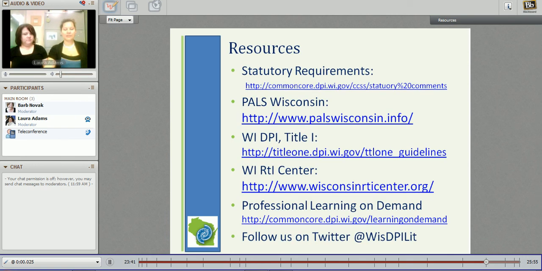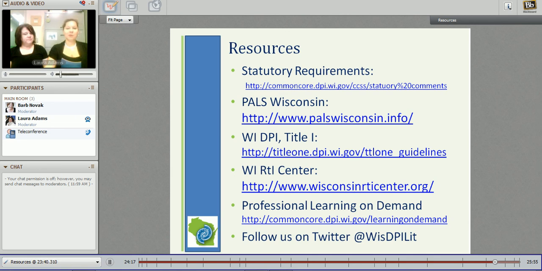Absolutely. So just as a reminder, here are some resources that you have available when you're making those determinations about which students are in need of additional reading support. The first address at the top of your screen is a link to the statutory requirements in the state of Wisconsin. So you can find more details, for example, about Standard C, about licensure requirements regarding who can provide reading intervention, those kinds of questions, and some supplementary webinars on those specific topics.